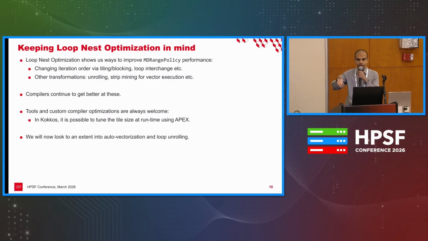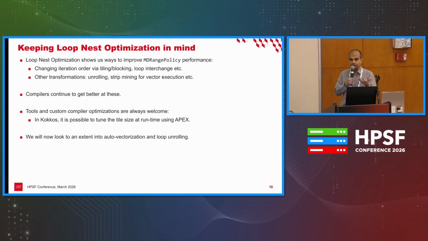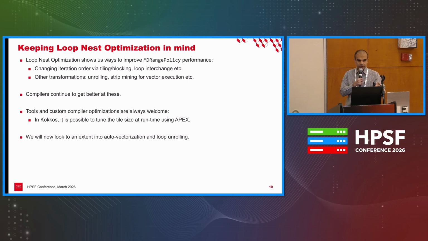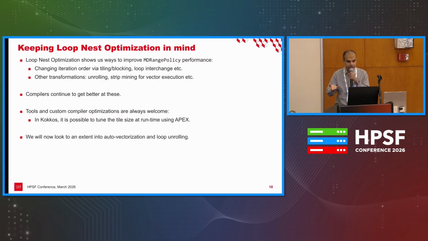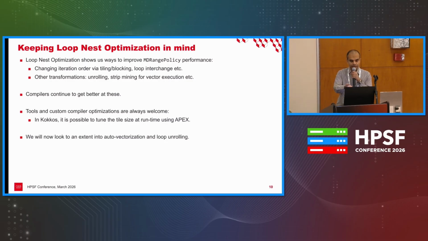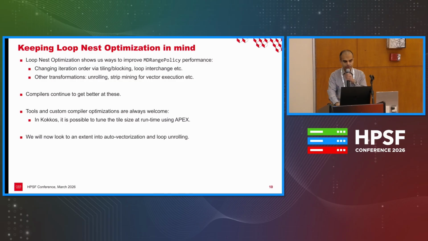Compilers continue to get better at these, but at the same time, people who develop backends like Kokkos also try to bring in their ideas to make the backends more suitable for compiler optimizations. And having a better understanding of these ideas helps in developing good tools, like for example, Apex, which can help in runtime tuning of tile size in Kokkos already. So that's something that we can already try. We will see two more themes from this loop nest optimization community based on auto vectorization and loop unrolling.